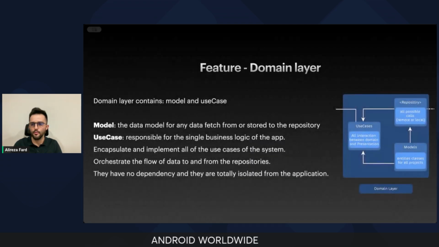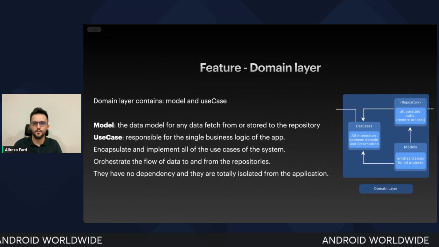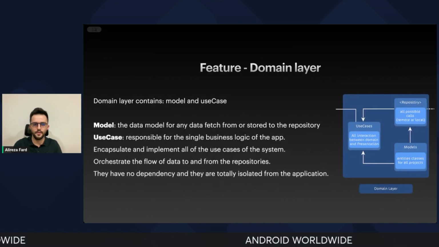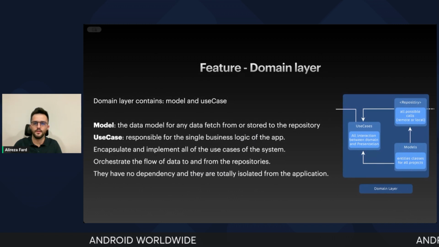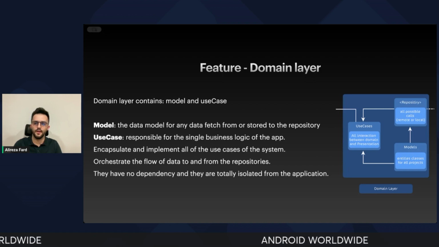The next layer is the domain layer. Usually it is simple, and it contains your business models. Because of clean architecture, you need to be independent in the domain layer, and for that reason, you need to place only models in this layer.